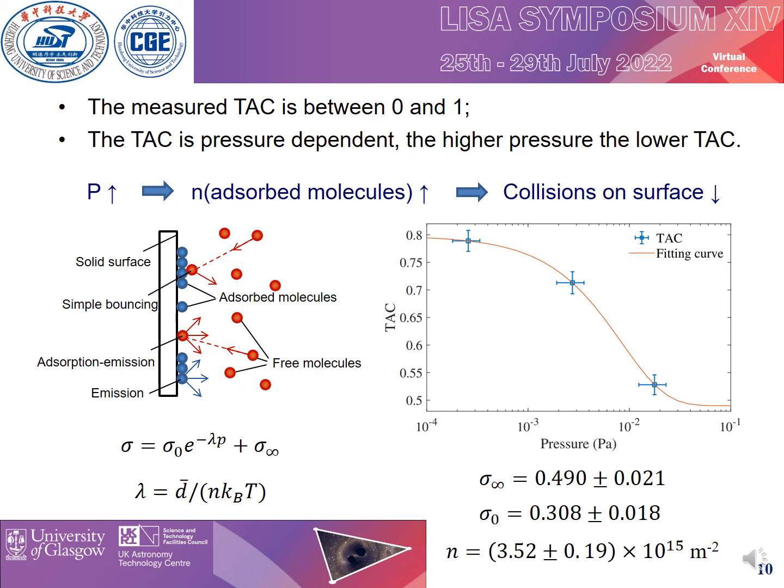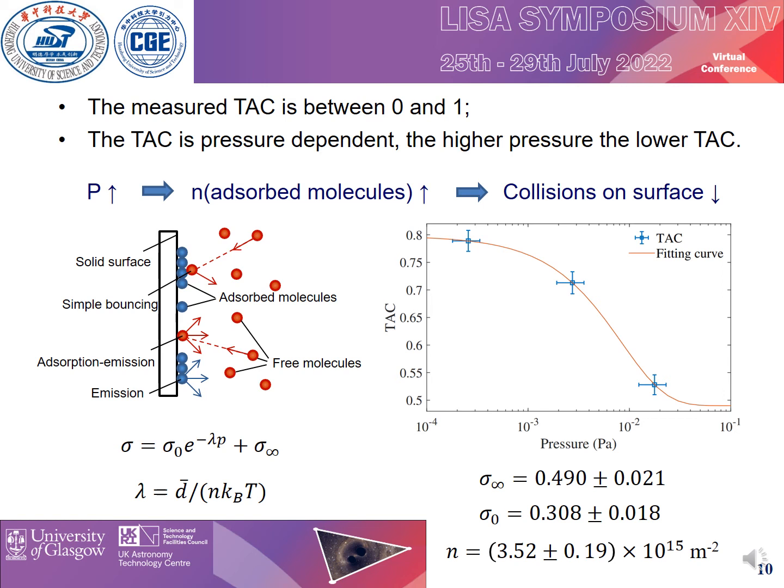In order to explain the pressure dependence of the TAC, we suspect that the elastic collision occurs mainly on the adsorbed molecules on the surface, and the inelastic collision occurs mainly on the solid surface itself. When the pressure increases, the adsorbed molecules on the surface also increase, so the collisions on the solid surface decrease and lead to lower TAC.